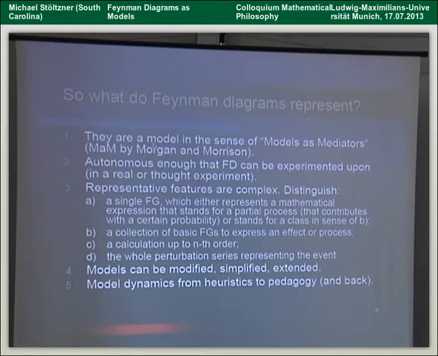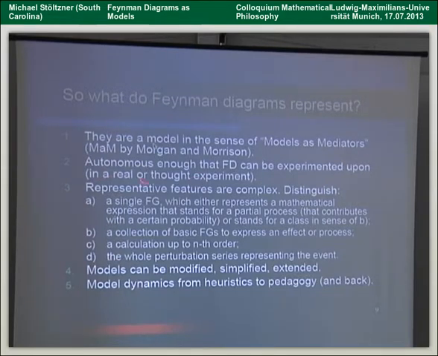So here's what I want to argue for. I don't want to say they represent something out there, but I want to use the modern debate about models to assign to them a representative function that's not a correspondence theory of truth, where it represents something out there, because that obviously doesn't work.